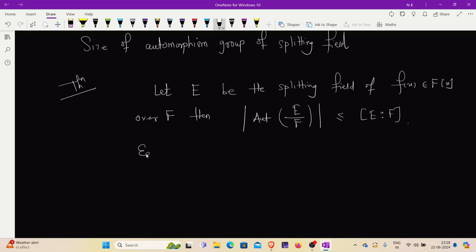And equality holds if f of x is separable over F.